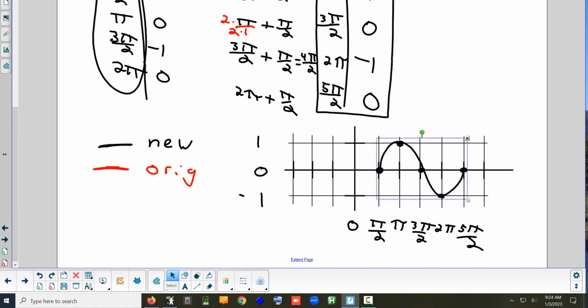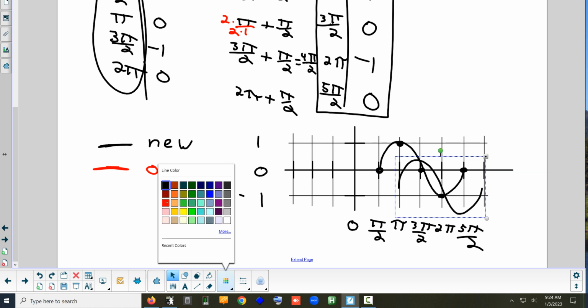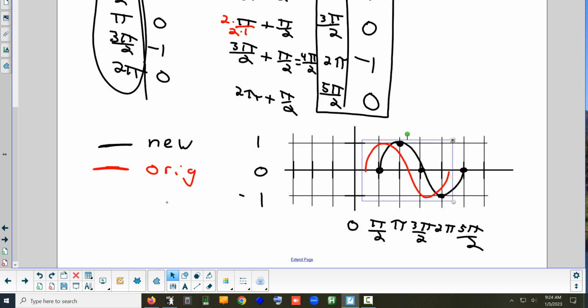The original would look like this. Started right about, it's not perfect, but right about there. So the original would have started at the origin. This one has been shifted to the right. And what we say is these two graphs are pi over 2 radians out of phase from each other.